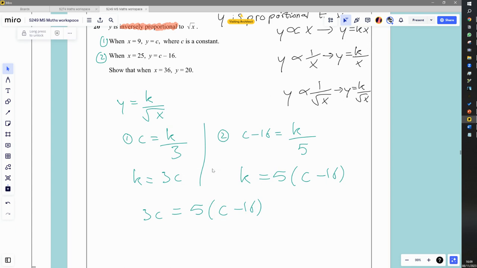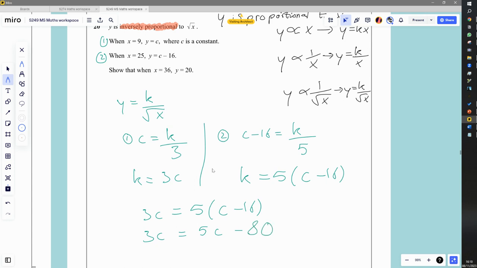Now we have a situation where we can actually simplify all this. Thinking about it, there might have been a quicker way now, but never mind, I'm going to keep going the way that I did it. So we've got 3c is equal to 5c minus 5 times 16, that would be 80.